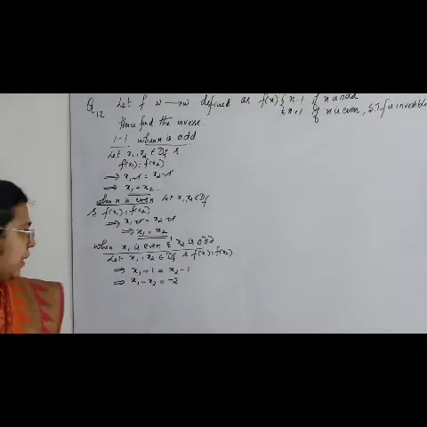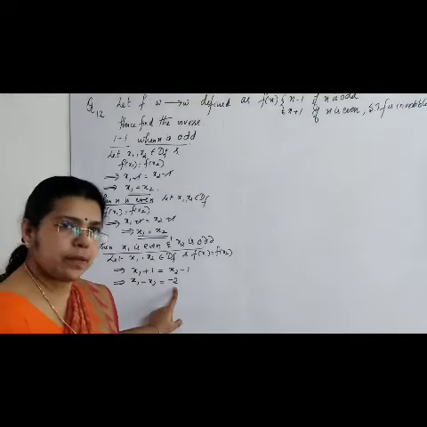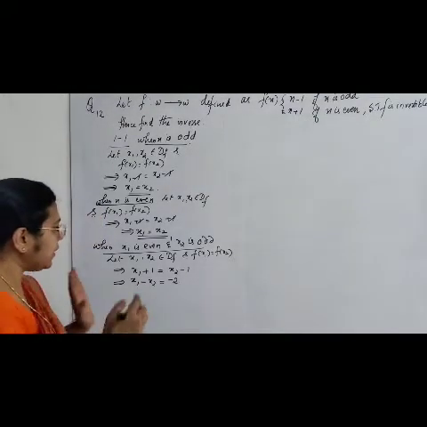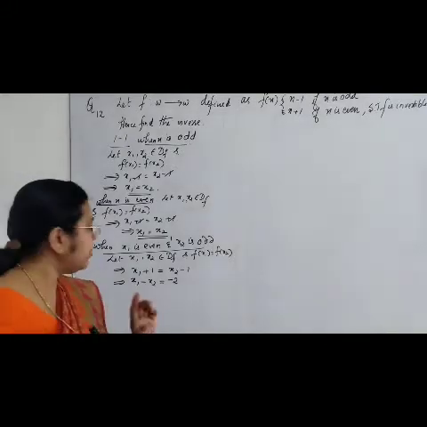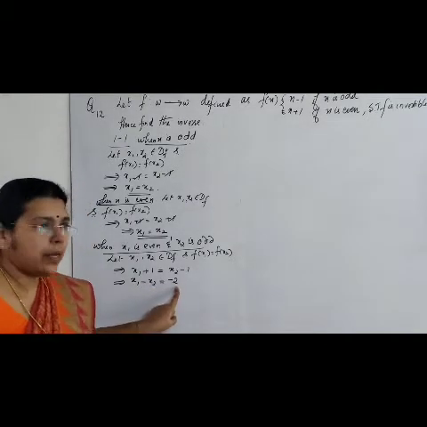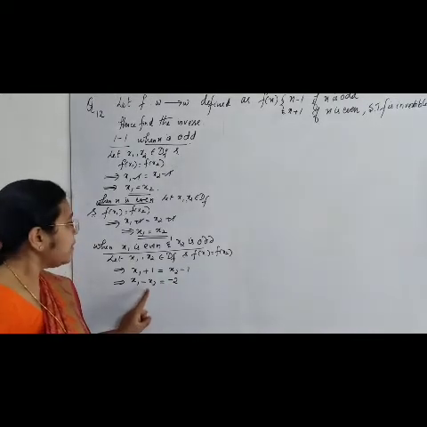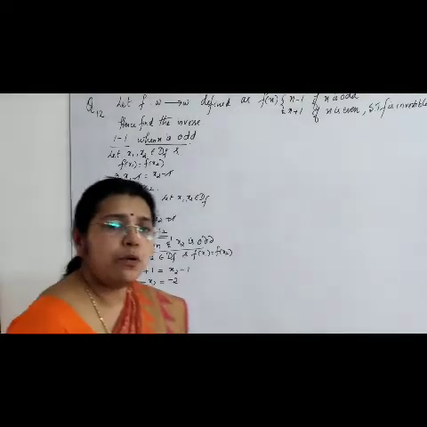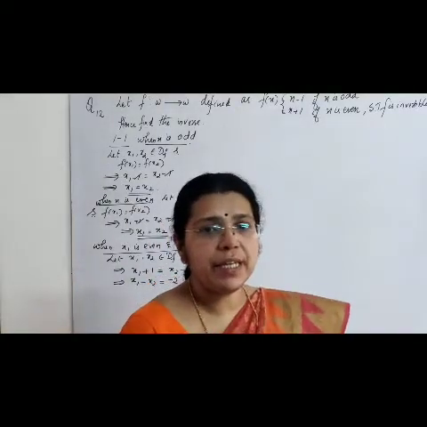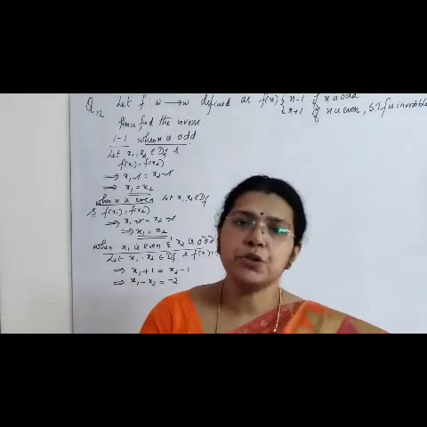Now, what does this say? The magnitude of x1 - x2 is 2. Whether it is the greater or lesser value, can the difference between an even number and an odd number give the value 2?